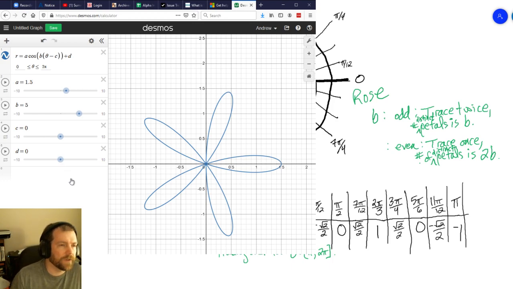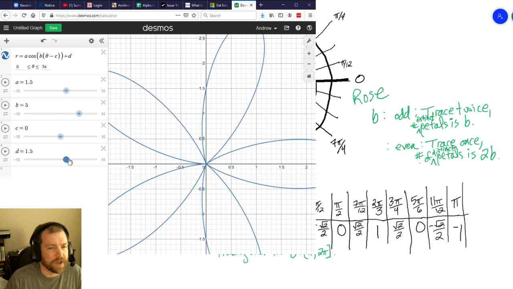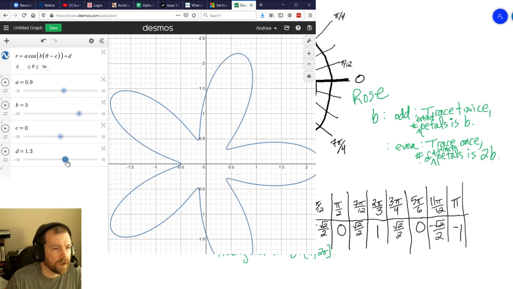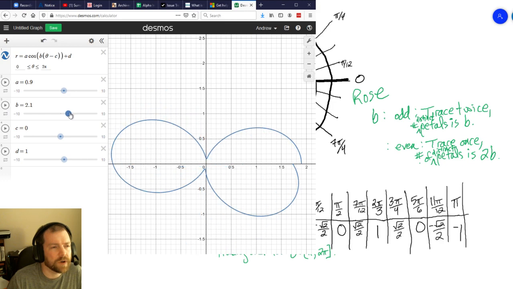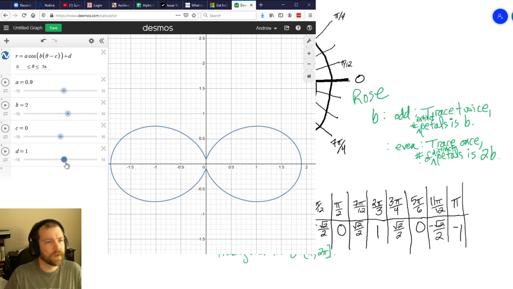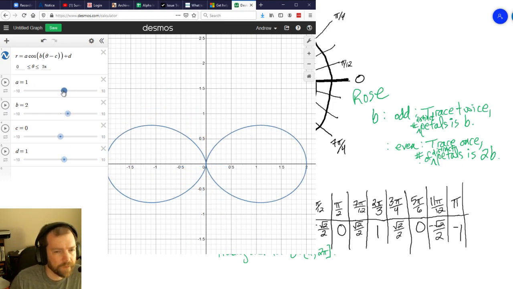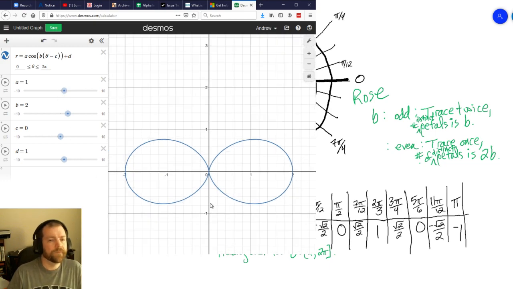All right, the other one that I sort of just gave away was what happens when d equals 1. Oops. A and d both equal 1, and b is equal to 2. Well, this looks very much like an infinity sign, and actually it is almost an infinity sign.